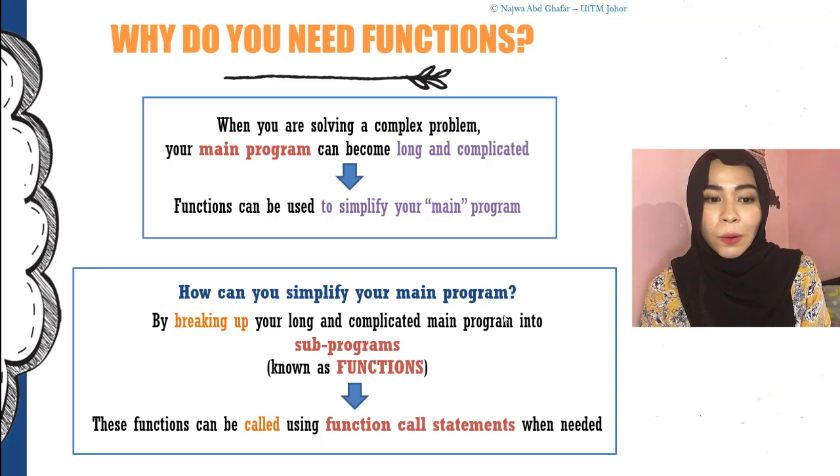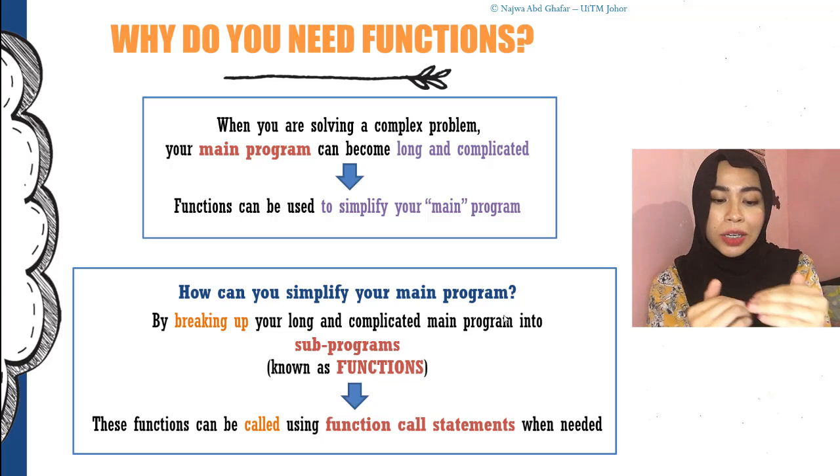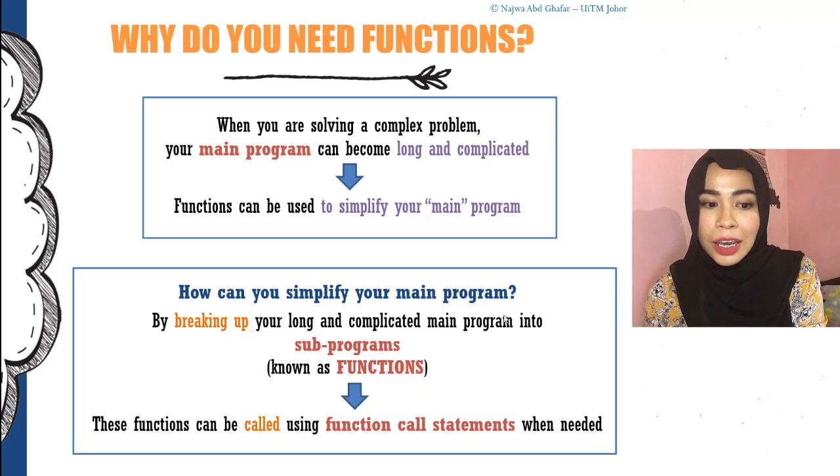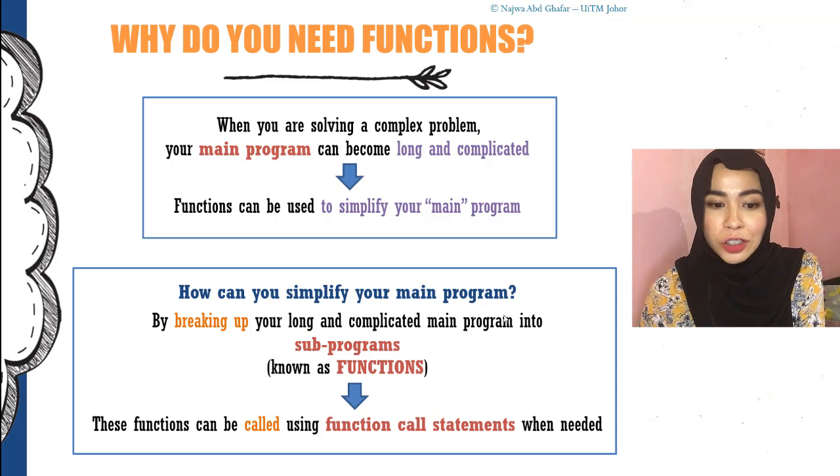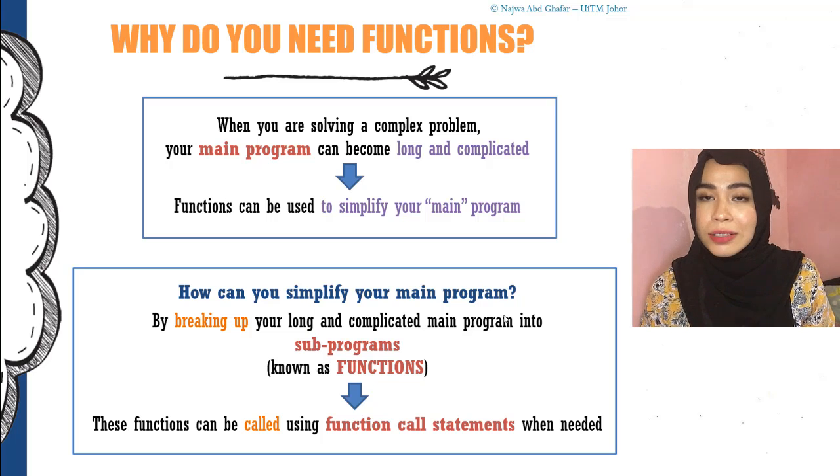How can you simplify your main program? By breaking it up. You take your long main function and you take certain parts and put them inside a new function that you want to create. Whenever you need that, you can just call it using a function call statement. A function is also known as a subprogram.